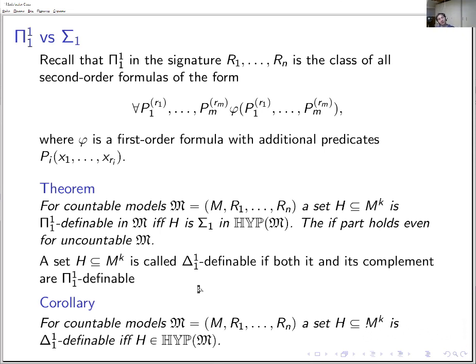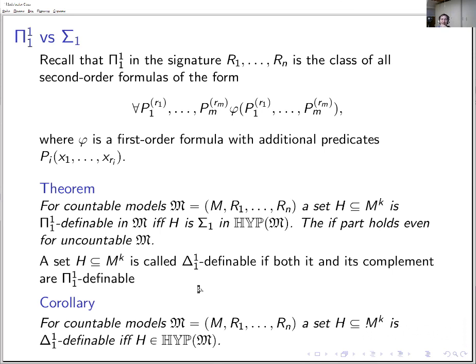Okay, so now from this it's quite easy to show the corollary that actually justifies the name heap.